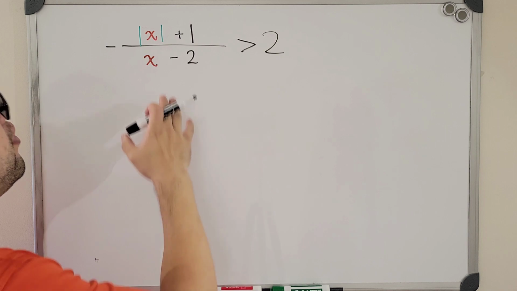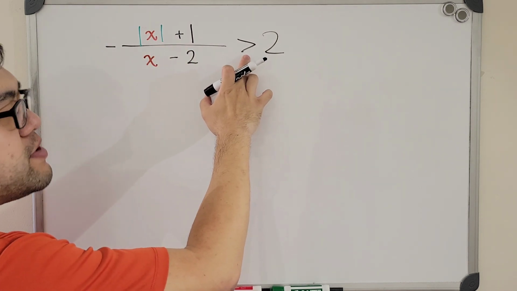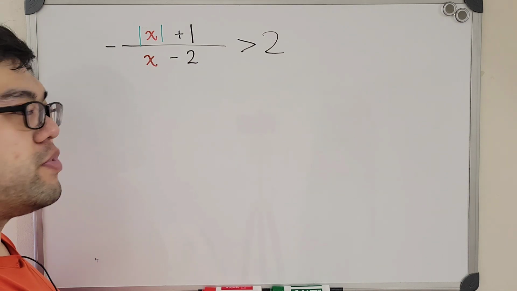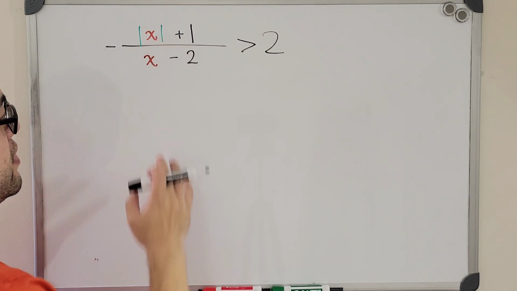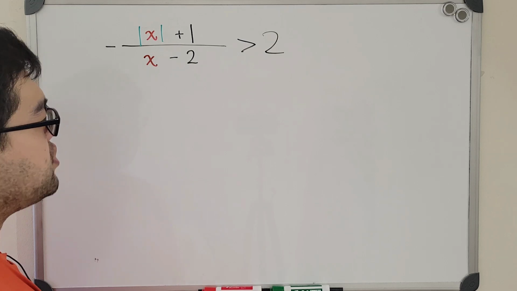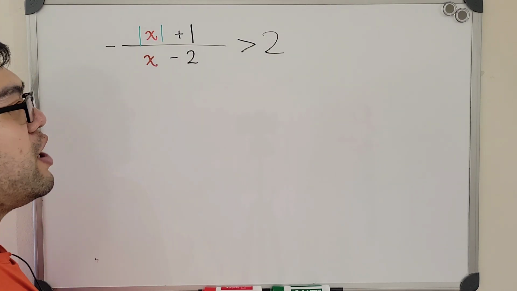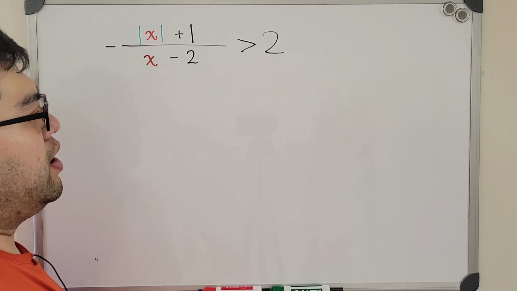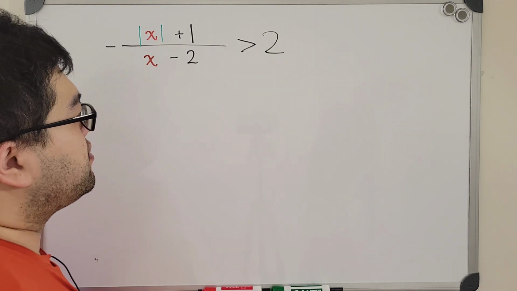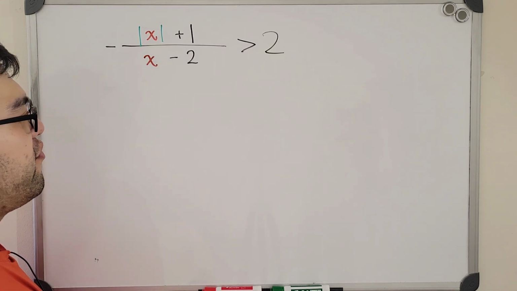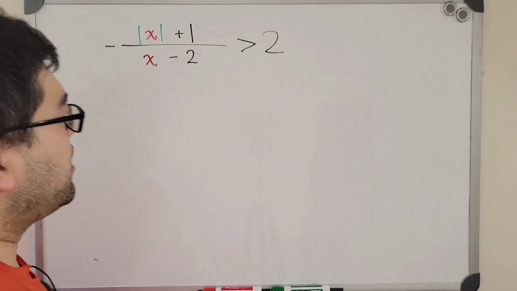Why? First of all, we know that if we use an inequality sign, we're thinking of the real numbers. So the denominator, the numerator, the whole thing should be some kind of real numbers. So we don't have to worry about any non-real complex numbers such as 2i plus 1 or 5 minus 3i, something like that.